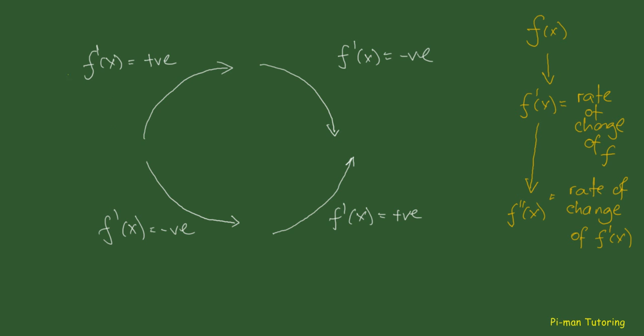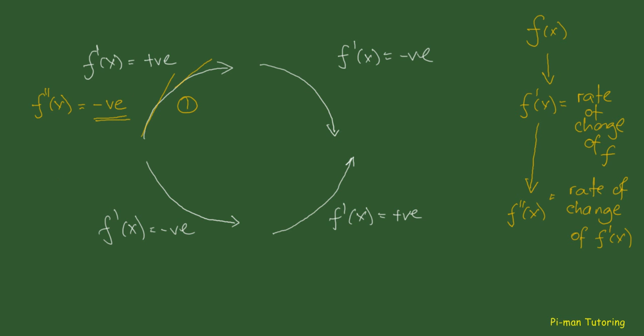So over here in type 1, the slope is positive, but it's getting less positive, and therefore the second derivative in this quadrant would be negative. The rate of change of the slope is negative. We've got positive values becoming less positive.